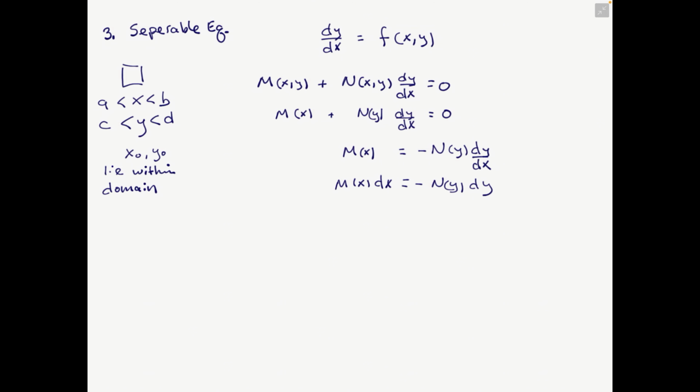So in this case, we have M(x) equals minus N(y) dy/dx, but then we have M(x) dx equals minus N(y) dy.